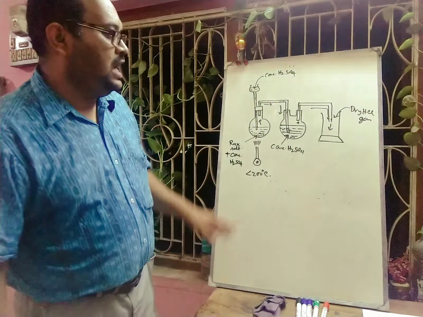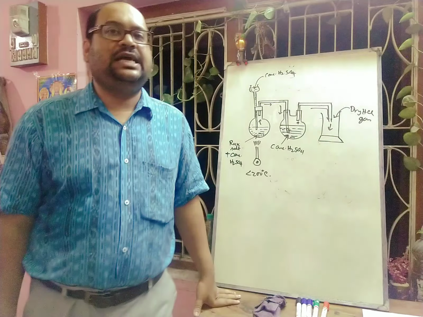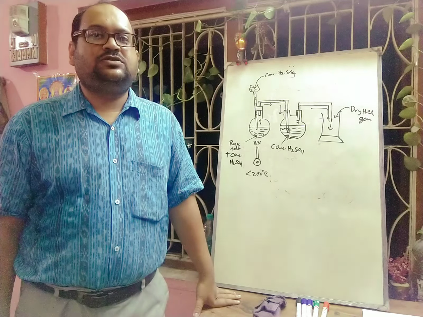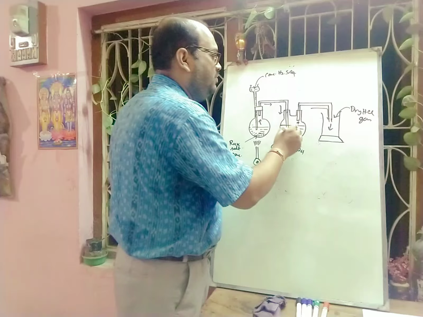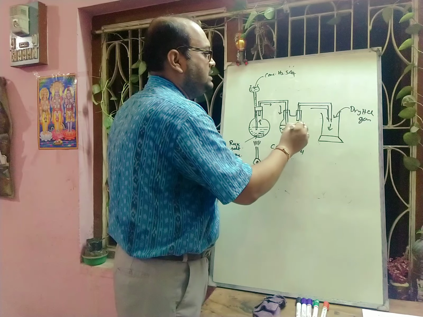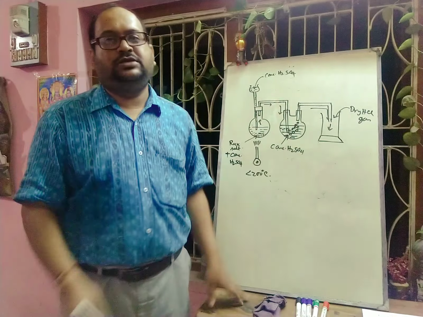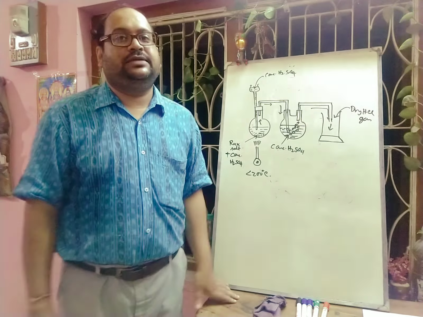Then this dry gas will be collected through this delivery tube in a cylinder by upward displacement of air. Now what will be the observation here? The HCl gas obtained in the round bottom flask passes through the delivery tube and there will be formation of bubbles, because HCl gas is passing through this solution, and the dry gas is collected in the gas jar.